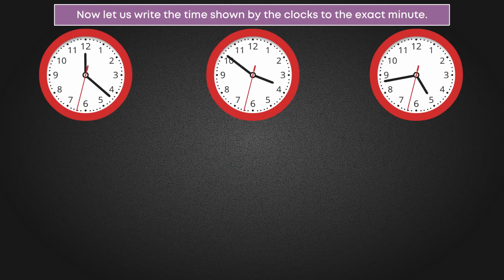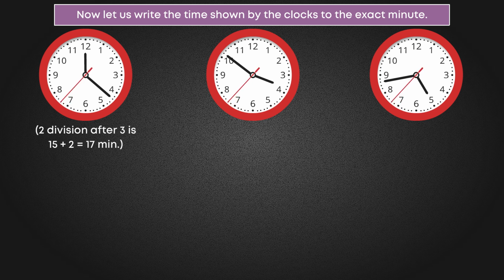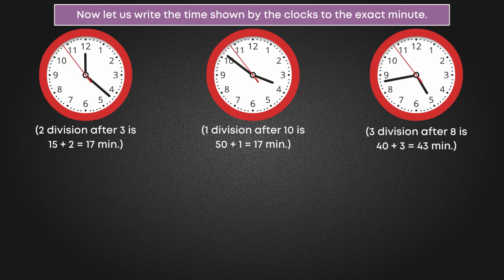Now let us write the time shown by the clocks to the exact minute. 2 divisions after 3 is 15 plus 2, which is 17. 1 division after 10 is 50 plus 1, which is 51. 3 divisions after 8 is 40 plus 3, which is 43.